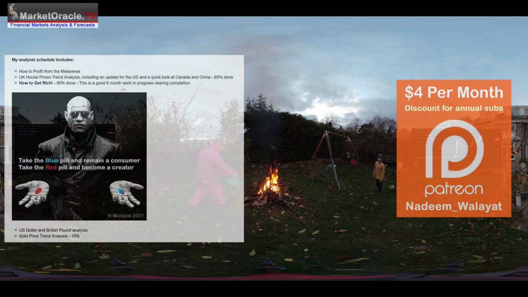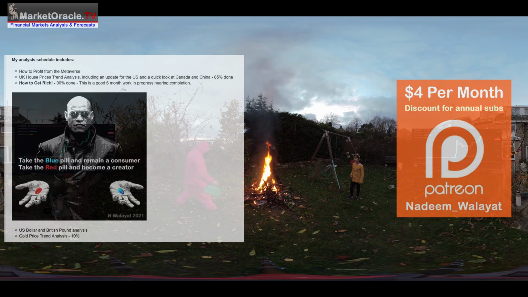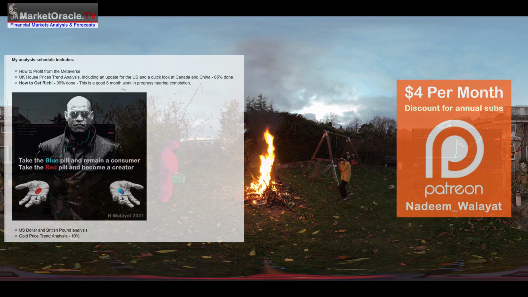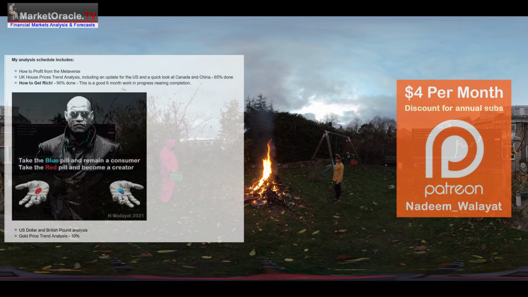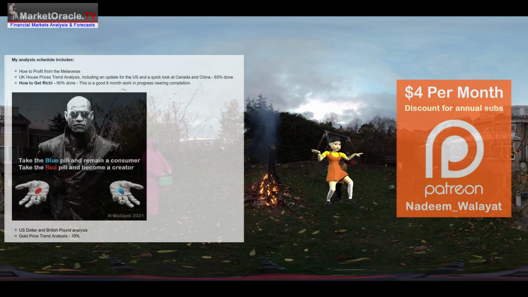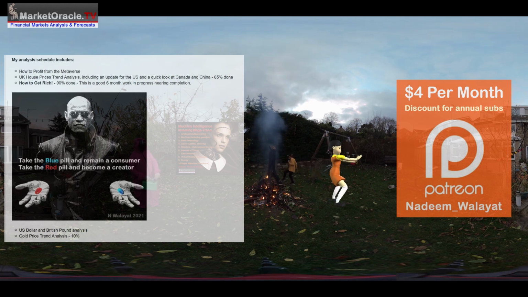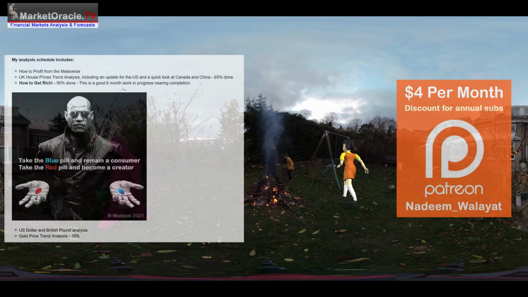And of course my latest analysis, which is on the high risk stocks portfolio, a quarterly update of where they stand and what I'm doing and what I'm going to do in terms of limit orders, positioning to profit from the unloved biotech sector mainly, and some meta stocks in there as well, small time stocks. Then further on I'm going to be looking at the US dollar, British pound, and maybe gold. You want to be in cryptos rather than gold. Anyway, all of that is my forthcoming analysis.